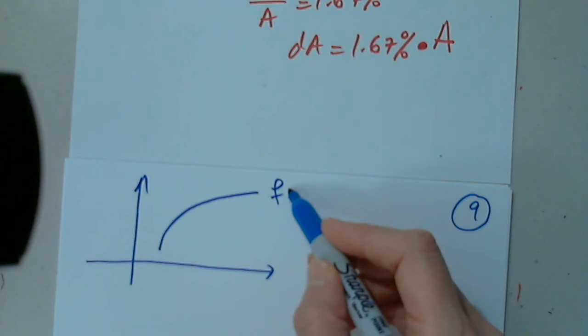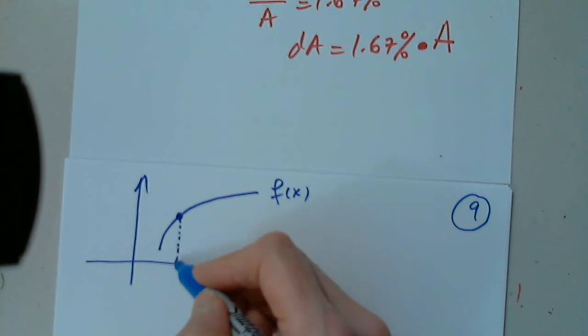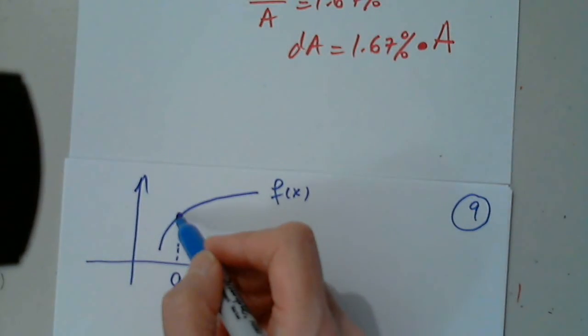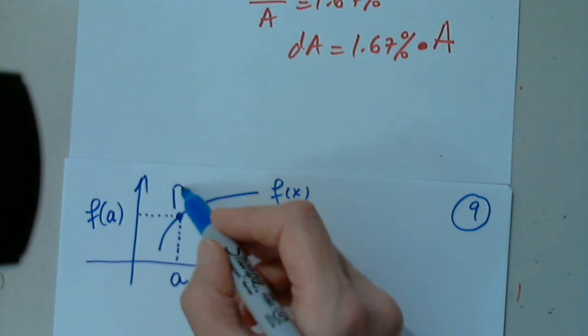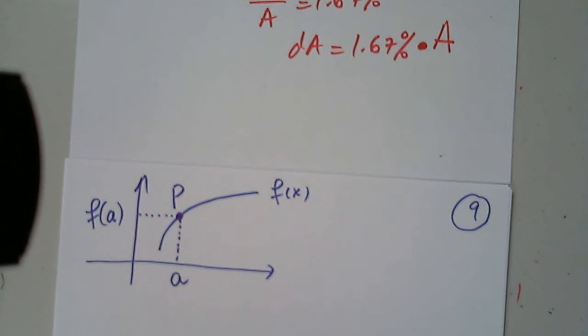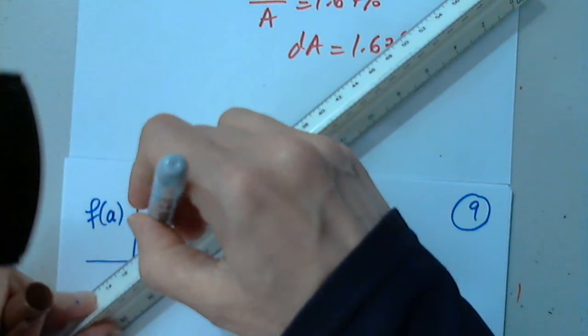Same thing, same function. So now this time we're going to say that this is A. We're going to say that this is f of A. This is again the same point P. Yes, of course, I'm going to draw the tangent again. I know you got used to it.